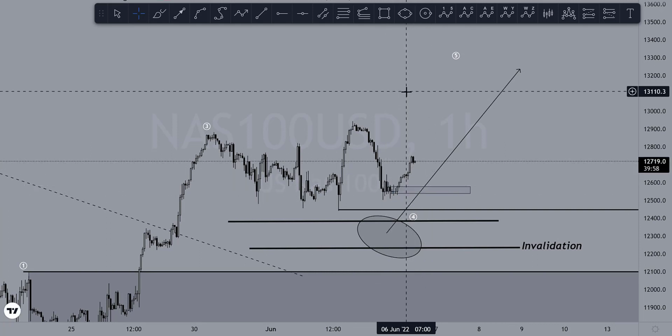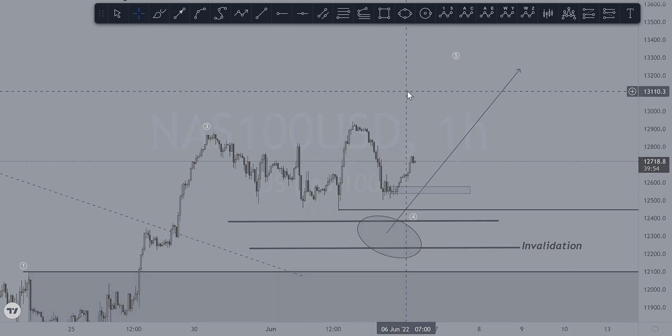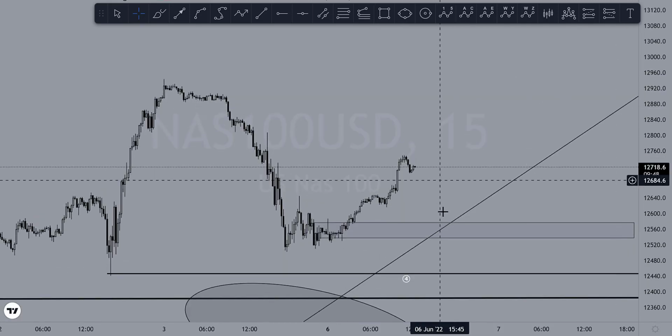Let's just go to M15 and see what we have, probably to clarify matters for us as far as this one is concerned.